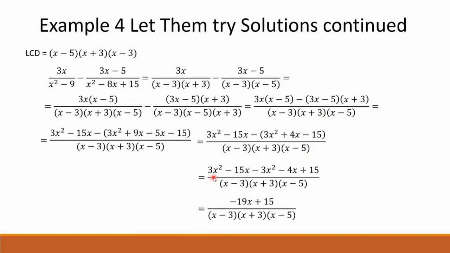Now we want the denominators to be the LCD. I put the factorizations in here. From the first one, you can see we're missing x minus 5. No big deal. We need to multiply the denominator by it. But whatever you do to the bottom, you do to the top, so that's why we have x minus 5 here as well.